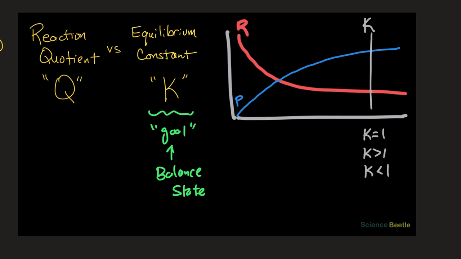Then Q is literally going to be a way that you can evaluate where in the reaction process you really are. If you're going to be before equilibrium, at equilibrium, or after equilibrium. So Q then can have a couple of designations as well. Just like we had established with K over here, with K equals 1, greater than 1, or less than 1, the value Q needs to be calculated.